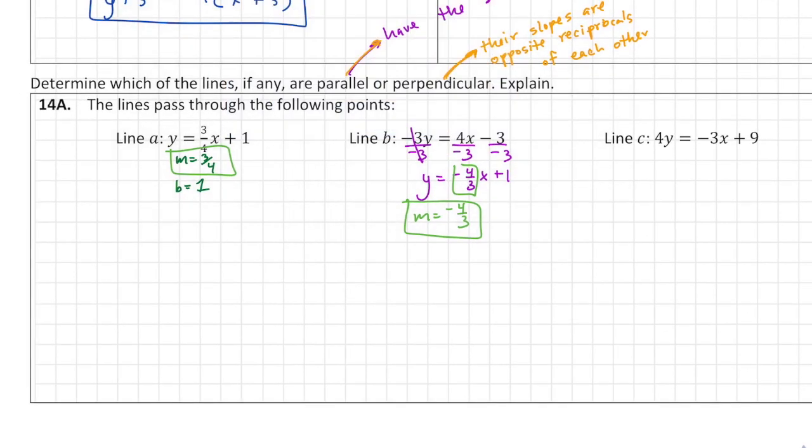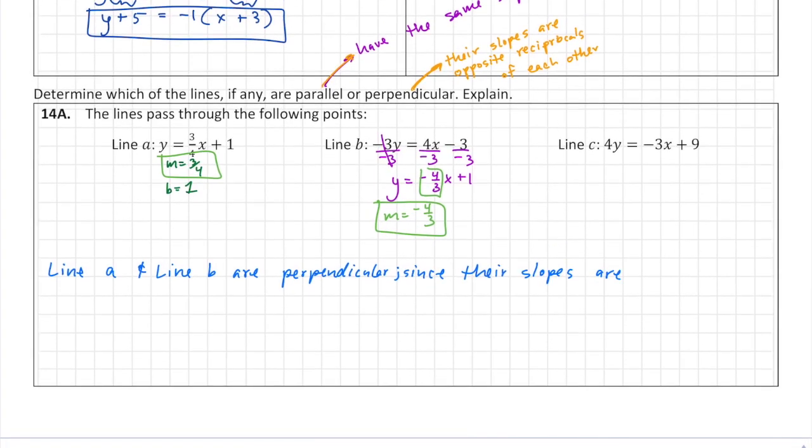So if I wanted to, I could go ahead and say line A and line B are perpendicular since their slopes are opposite reciprocals of each other, and you can add that on if you like.